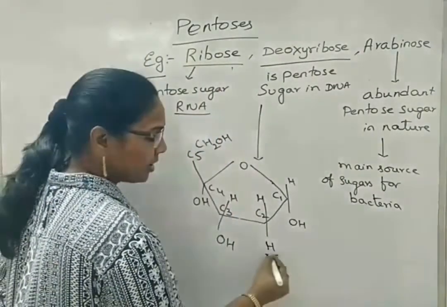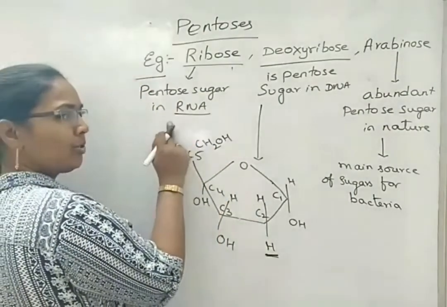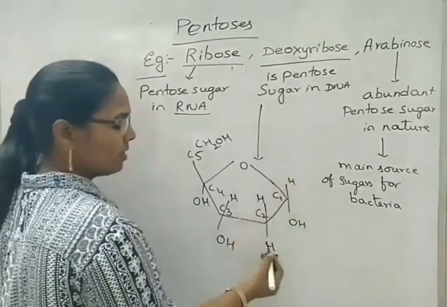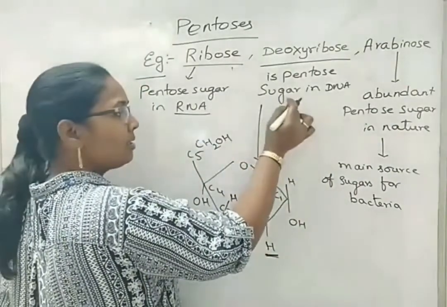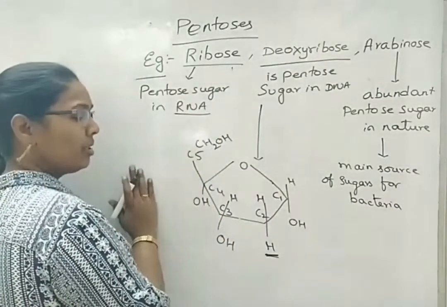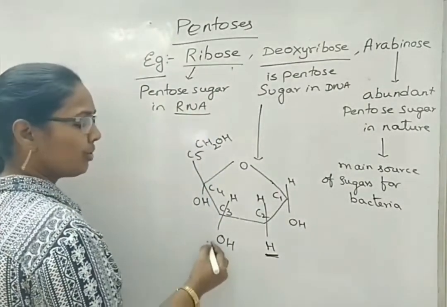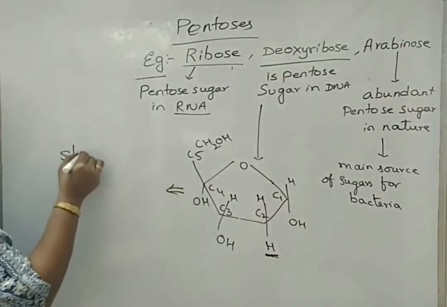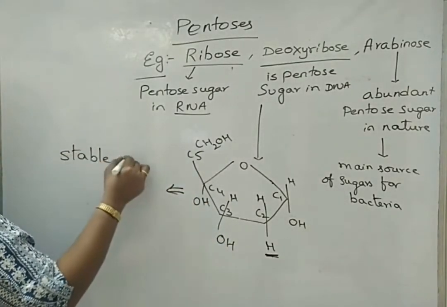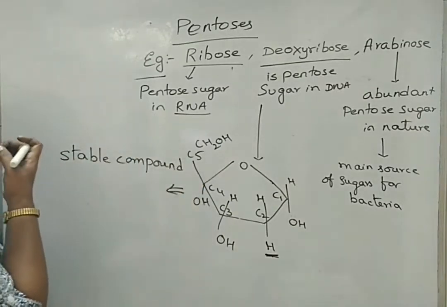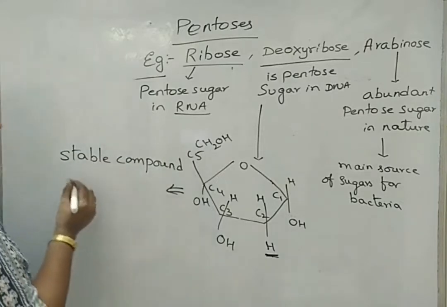Now when oxygen is removed from the ribose sugar, we are giving a term called deoxy. Since oxygen is removed here, it is called deoxy, but the remaining structure is same like that of ribose. So deoxyribose sugar of DNA. Now this is considered as stable sugar or stable compound, which provides complete stability for the total DNA.